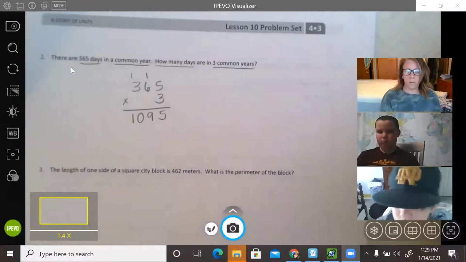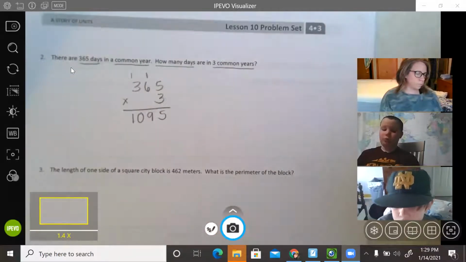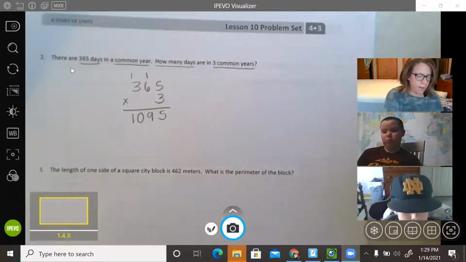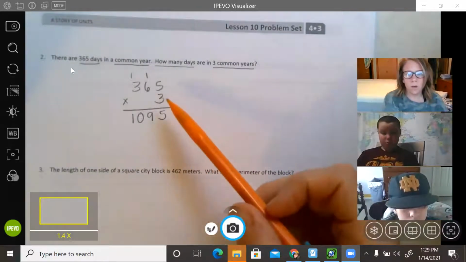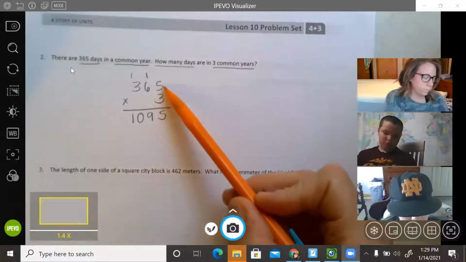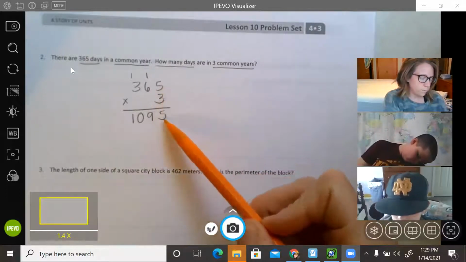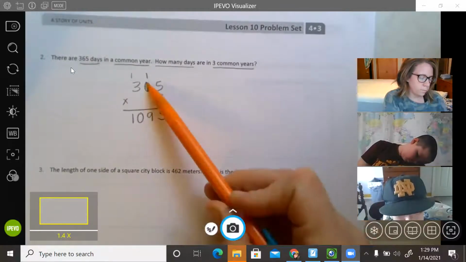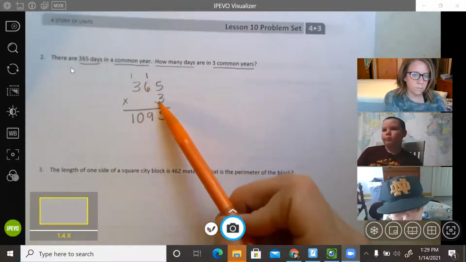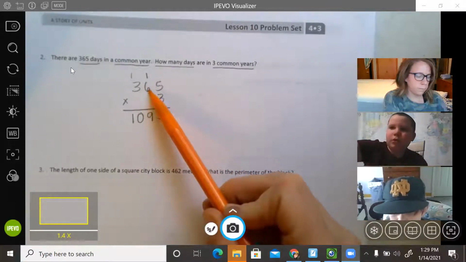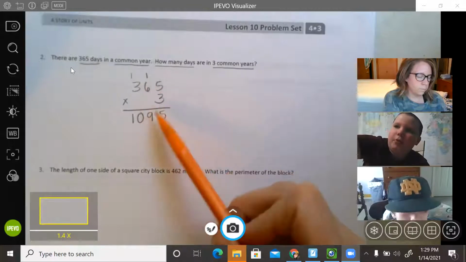So let's go ahead and have Carson tell me how you solved. What method did you use? Standard. Okay, that's what I did also. Go ahead and walk me through what you did. I did 5 times 3 equals 15, so I put the 5 down and carried the 1. And I did 3 times 6 equals 18 plus 1 equals 19.